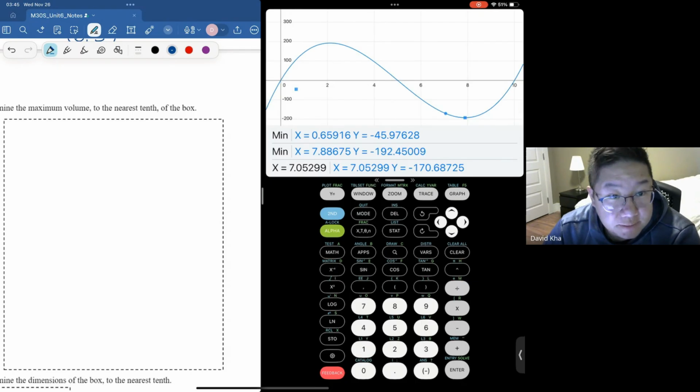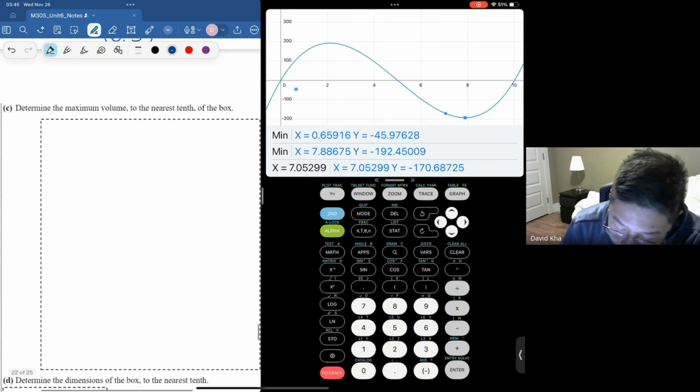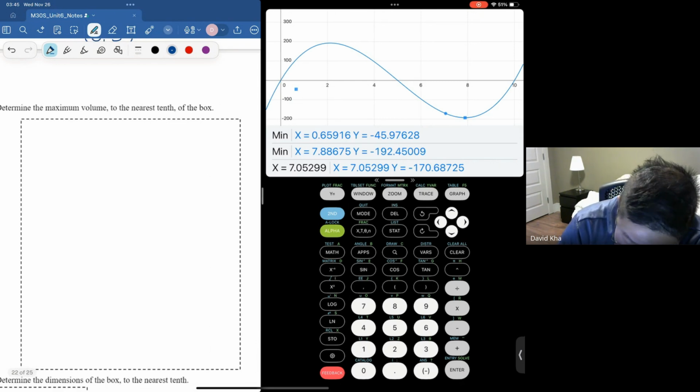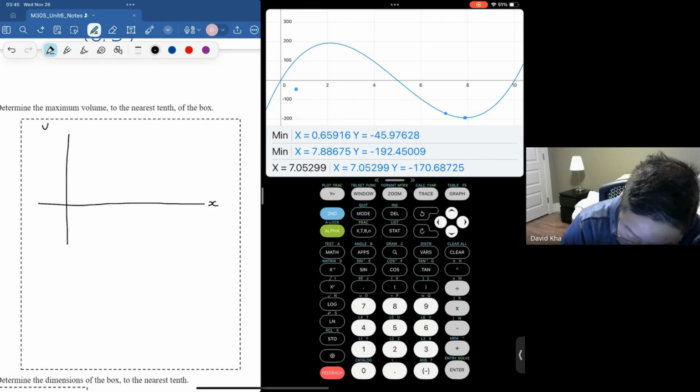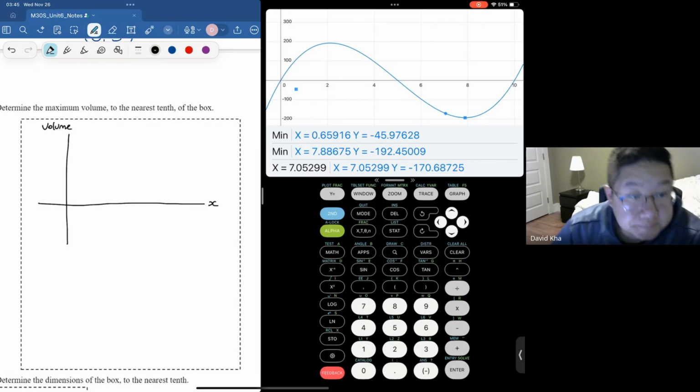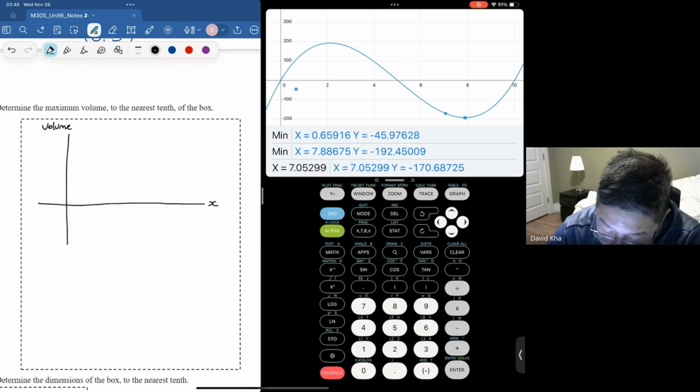But the area that we're interested in is just that first little hump, that first little hill, because that's the area between 0 and 5. So we're going to make a little graph here. Here are our axes: x and volume.